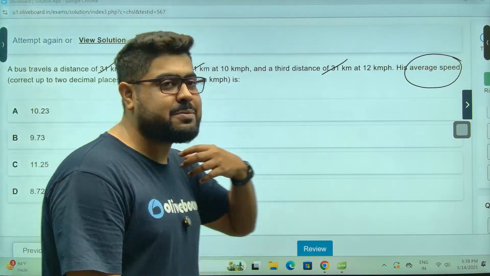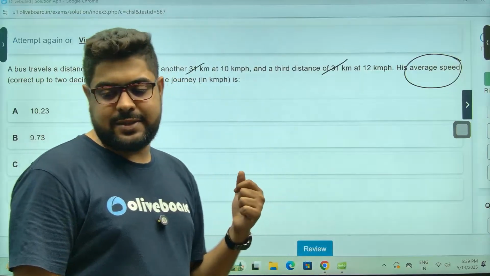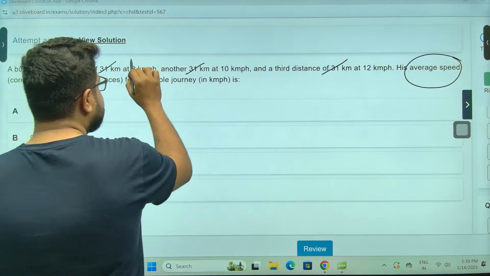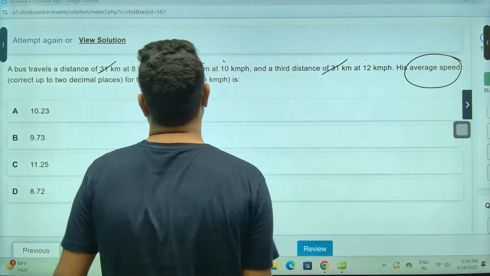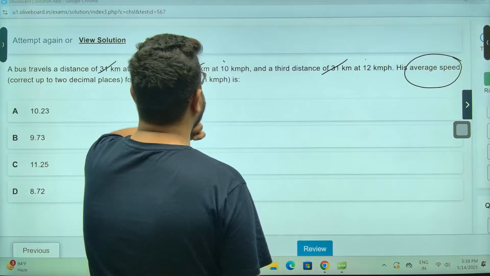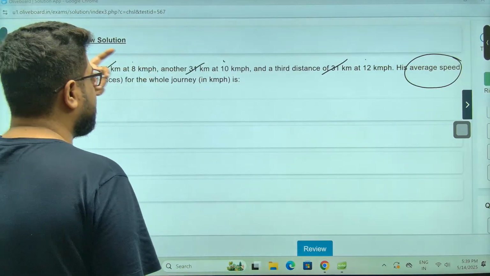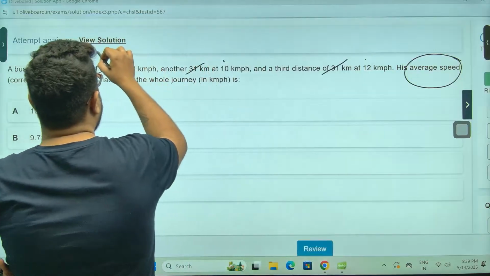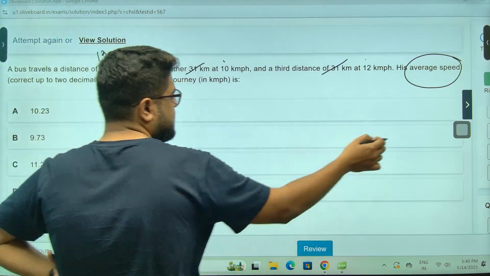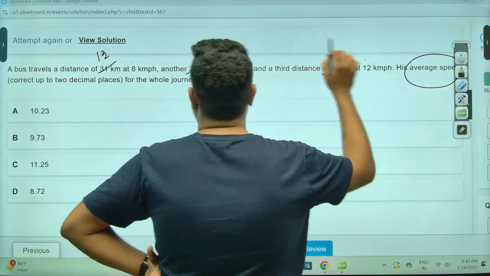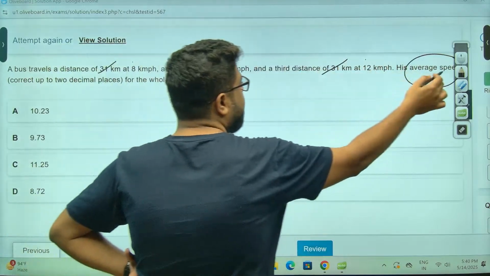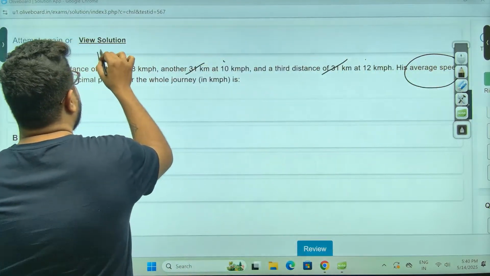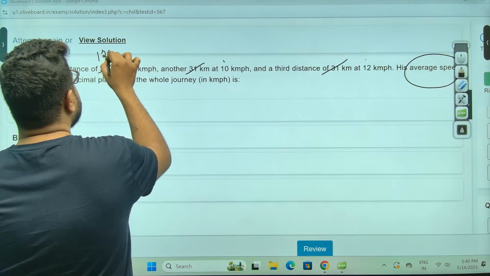I'll take a distance of my choice. Sir, LCM of 8, 10, 12. 8, 12: what can we take? 120, sir. Let's take the distance to be 120 kilometers. Why? My calculations will be very simple.